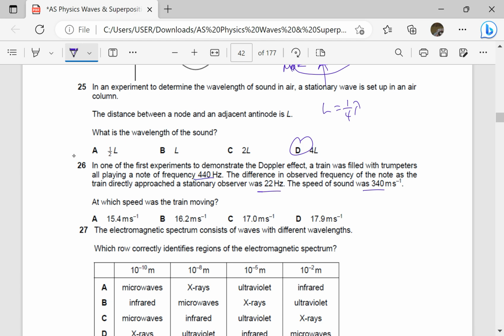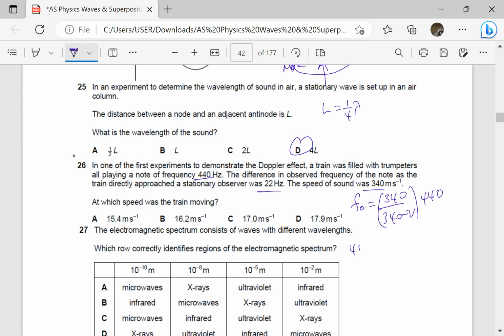If the source approaches an observer, the observed frequency f0 is equal to v, which is 340, divided by 340 minus the speed of the train, Vs, times 440. But they have told us that the difference in frequency is 22. That means the observed frequency is going to be 440 plus 22.